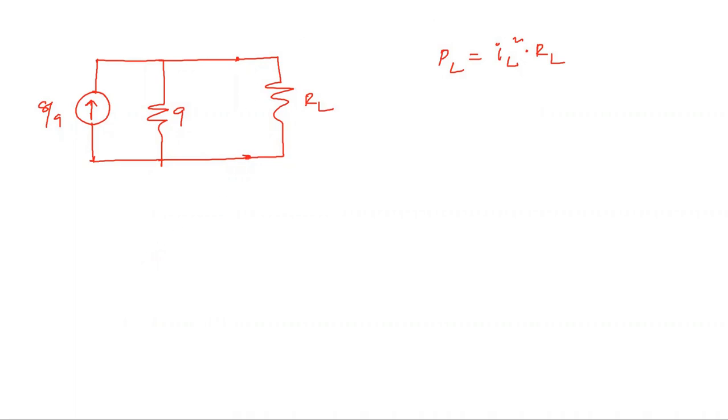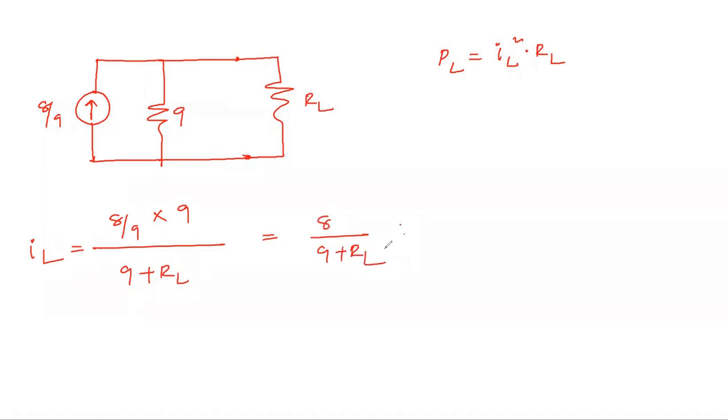If you want to find the current through the resistor, take total current into adjacent resistance divided by total resistance. It will be 8 by 9 into 9 divided by 9 plus RL, the current flowing through load RL, right? So you got the current as 8 divided by 9 plus RL, same thing you got, yes or no?